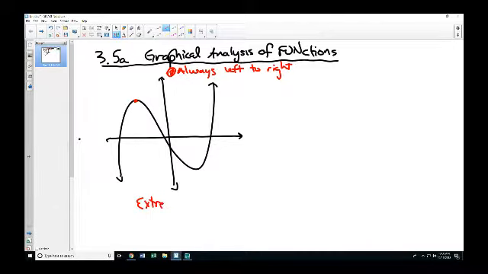We call those extrema. So maximum or minimum, where are they? I'll show you that tomorrow, or the next day, or never. Anyways, it'll get there this week, but that's one thing we look at.